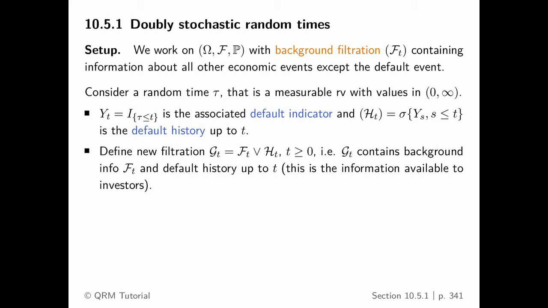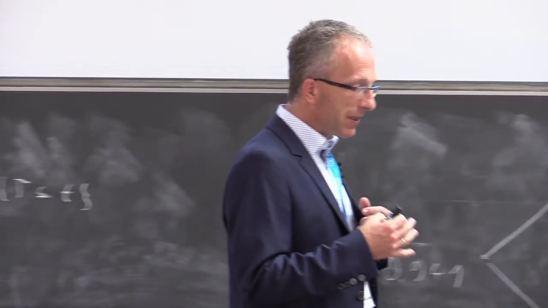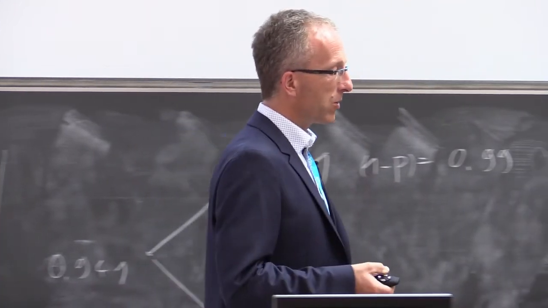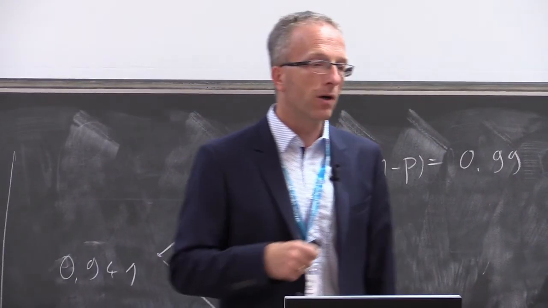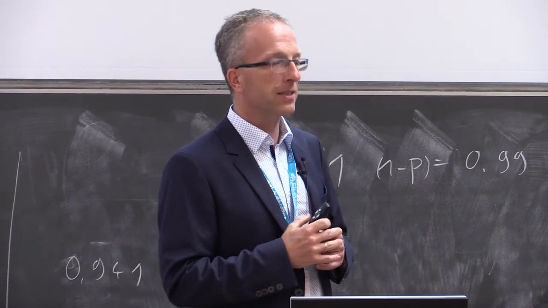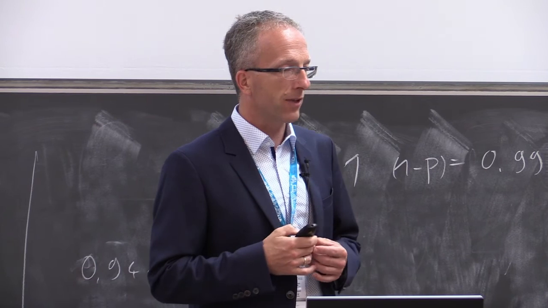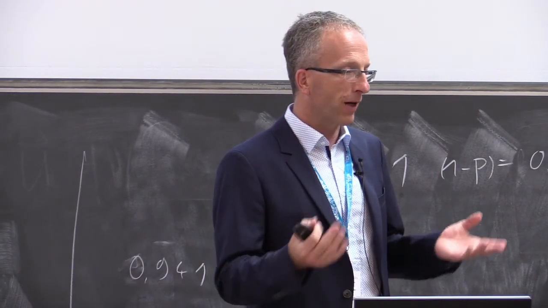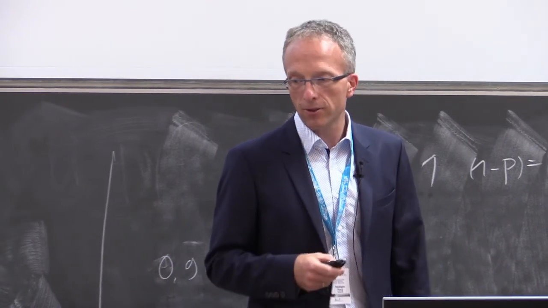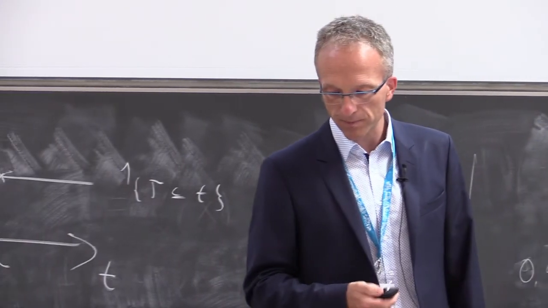So here what we have in abstract terms is a slightly more complicated filtration. We now need some additional economic quantities like stochastic interest rates, like GDP or other variables, and they will drive the hazard rate. So the typical thing is you model some process and the hazard rate will be a function of that process, so that there is some variability in bond prices and credit spreads.